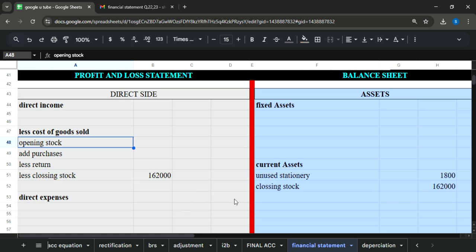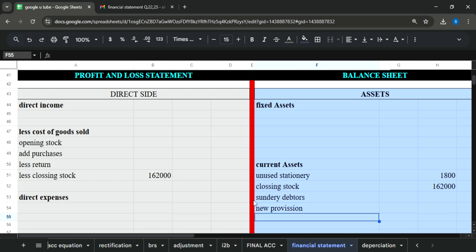For that, let's start our working over here. First you will see sundry debtors, then you will have the new provision and then the old provision, then bad debts if they are present.